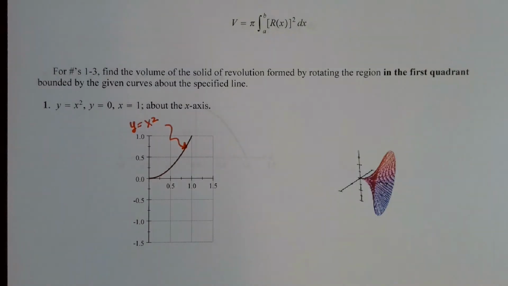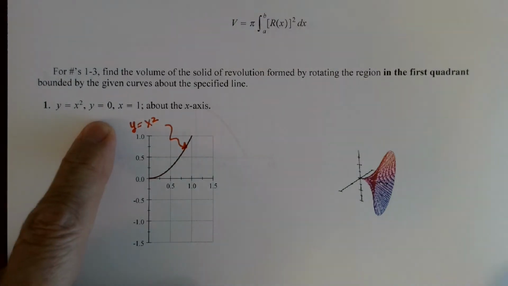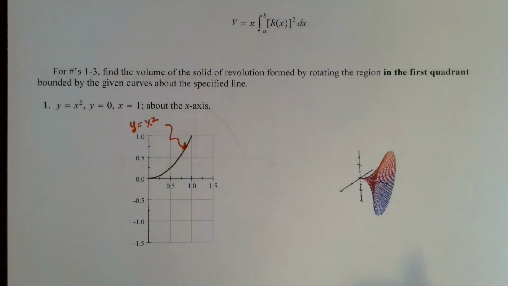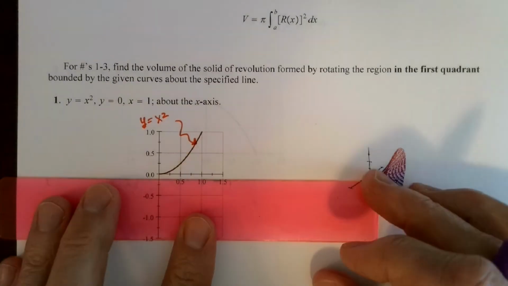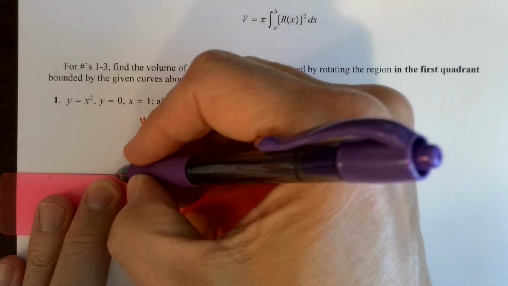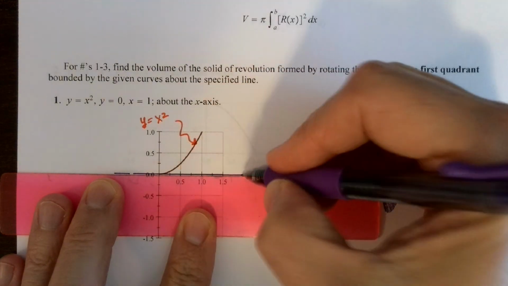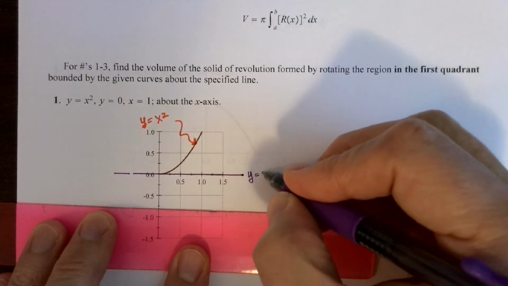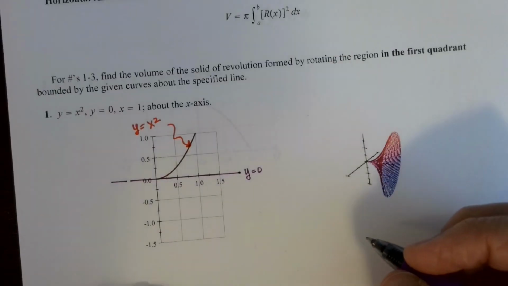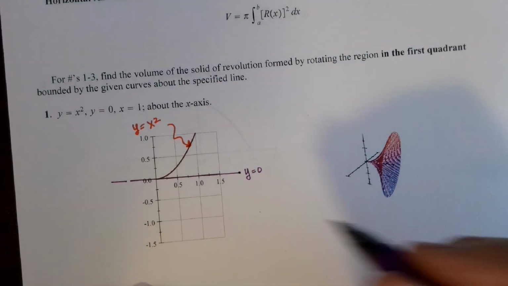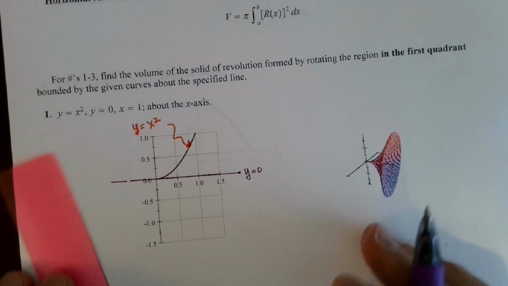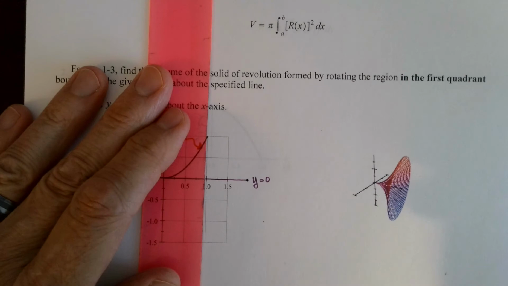And then we have y equals 0, right? What is y equals 0? Well, that's the x-axis, isn't it? When y is 0, we're talking about the x-axis. Okay, so that's the same as the x-axis. And then x equal 1, that's a vertical line, right? X equal 1.